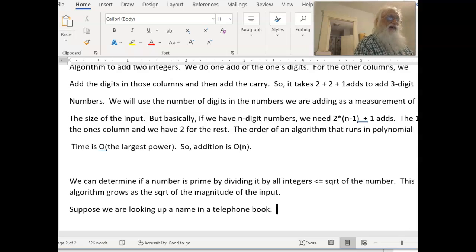Now, the way you might do it is you go halfway in and you see if at the halfway you should go to the front or to the rear to find the name you want. This algorithm is a form of binary search.